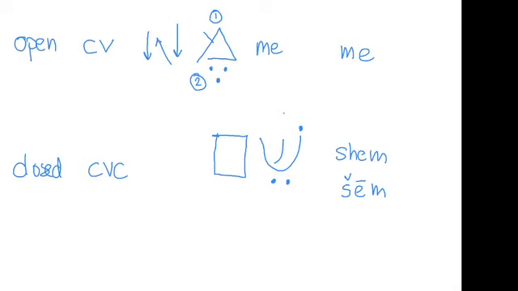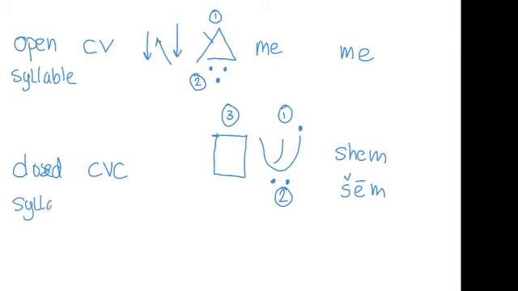And again, you start with the consonant, then you do the vowel, and then you do the next consonant. In Hebrew, you have only open syllables and closed syllables. Closed: consonant, vowel, consonant. Open: only consonant and vowel.